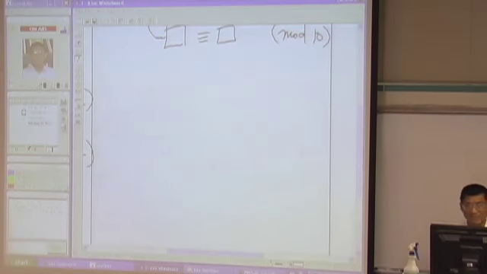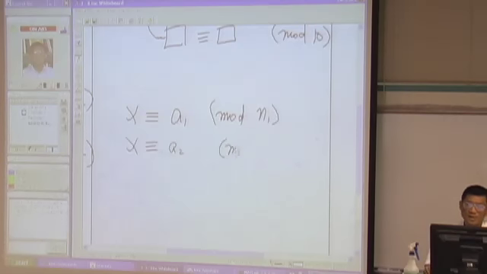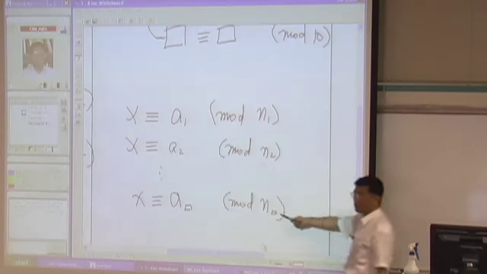Chinese remainder theorem says this. Assume that x has some number a1 mod n1, and then if it has a2 mod n2, and so on, right? So assume that you have the condition that all these numbers are relatively prime.